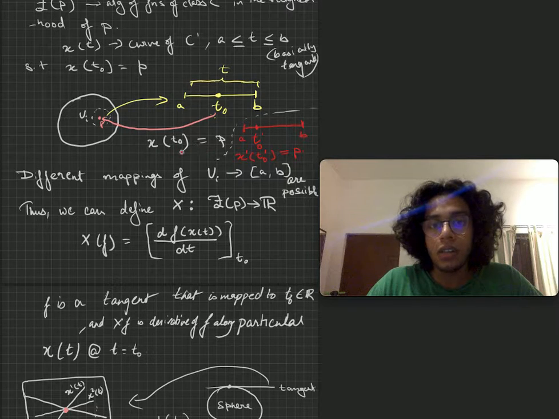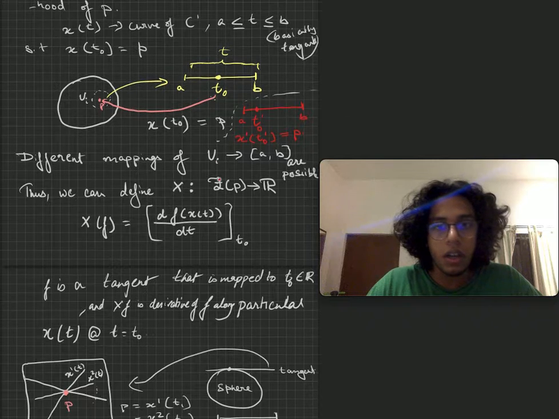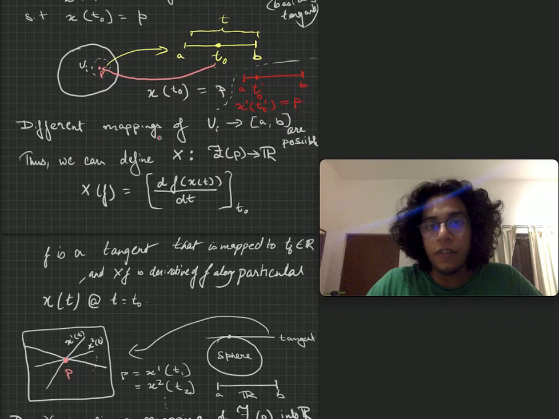Okay, so understand. So this is one intuition that needs to be brought in. Okay, so we'll come back to this red part in just a little bit. Okay, so there are different mappings of U_i from a to b, right? So a to b, mapping this onto a to b such that t naught maps onto p can be done in any number of ways.